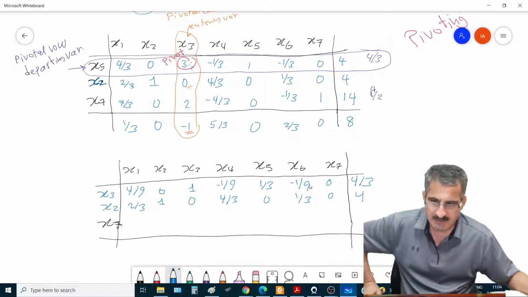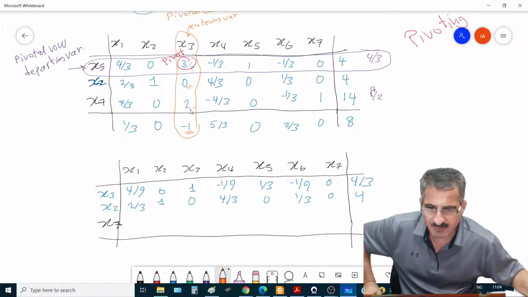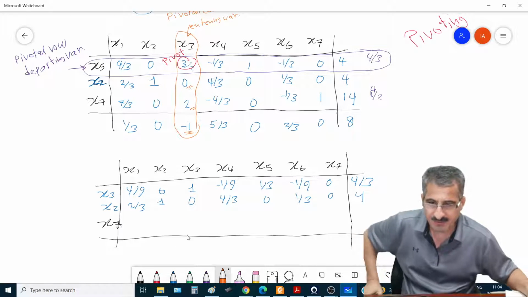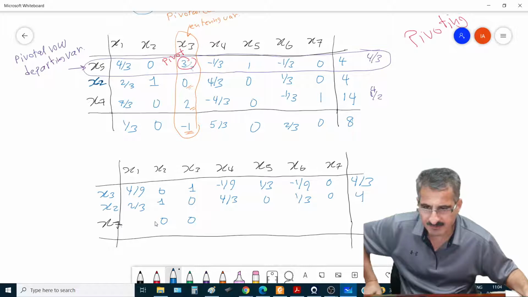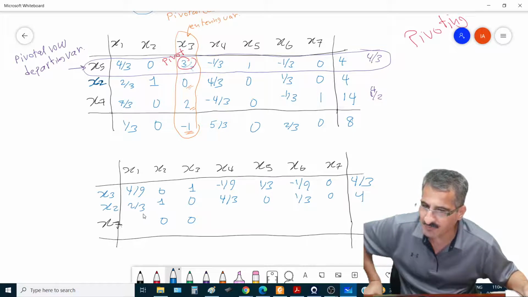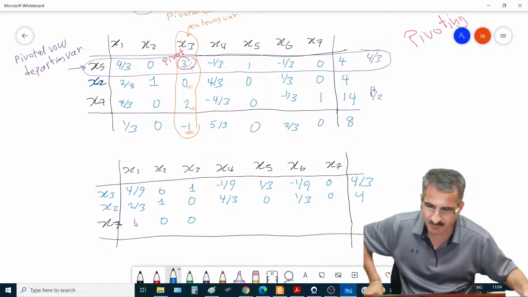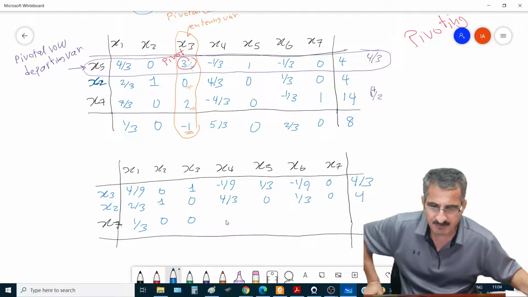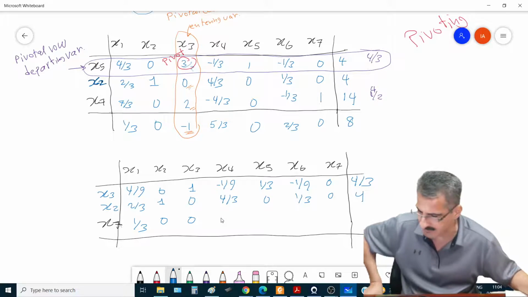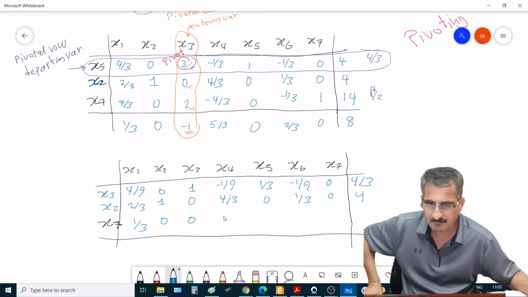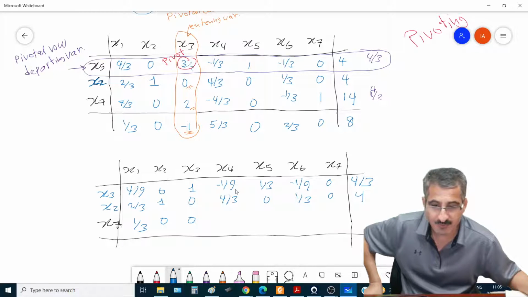Okay, I want to make this 0 now, so multiply by negative 2 and add, then I get what? 0, multiply by negative 2 and add, it is 0 and 0, negative 2, negative 8 over 3 plus 7 over 3, I get 1 over 3 here. Multiply by negative 2 and add, I get 2 over 3 minus 4 over 3, so I get, sorry, multiply negative 1 over 9 by 2.